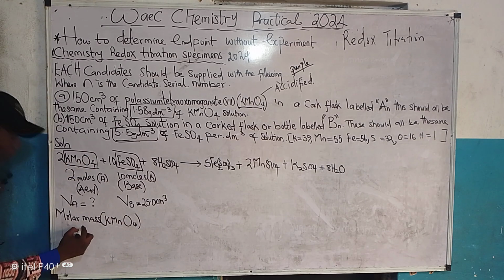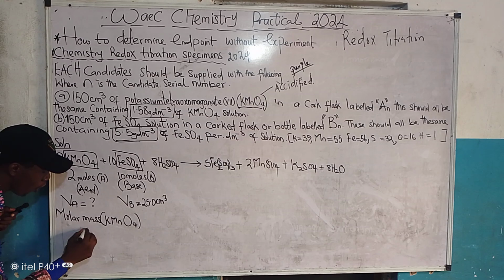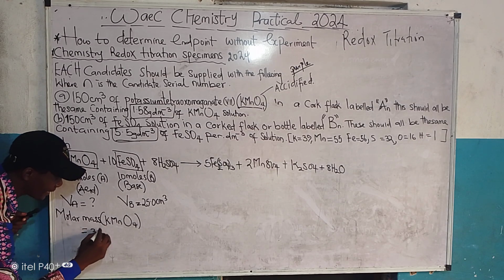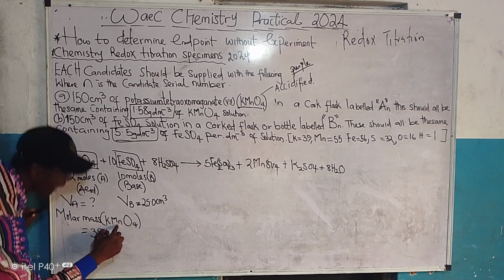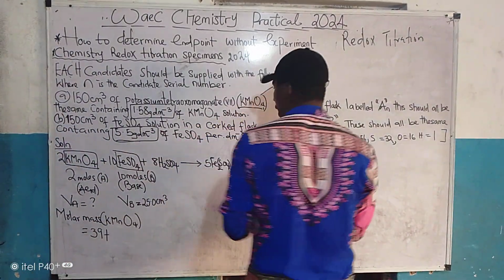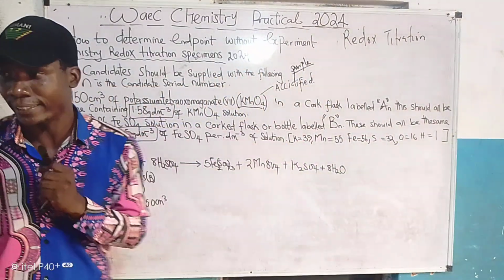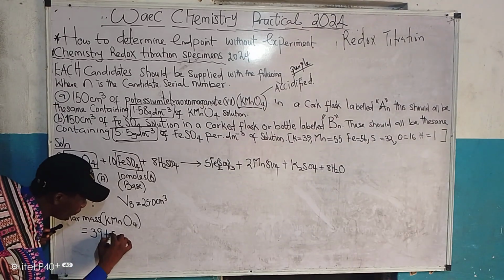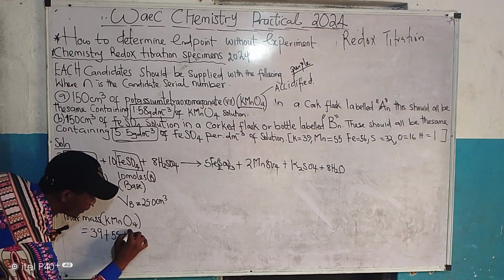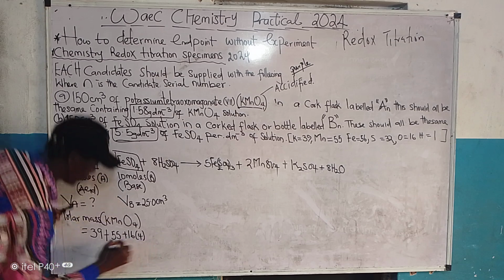Let's quickly do that. Remember, the molar mass of potassium is 39, plus manganese, 55 or 54.9, so we can use 55, plus 16 times 4. Okay?